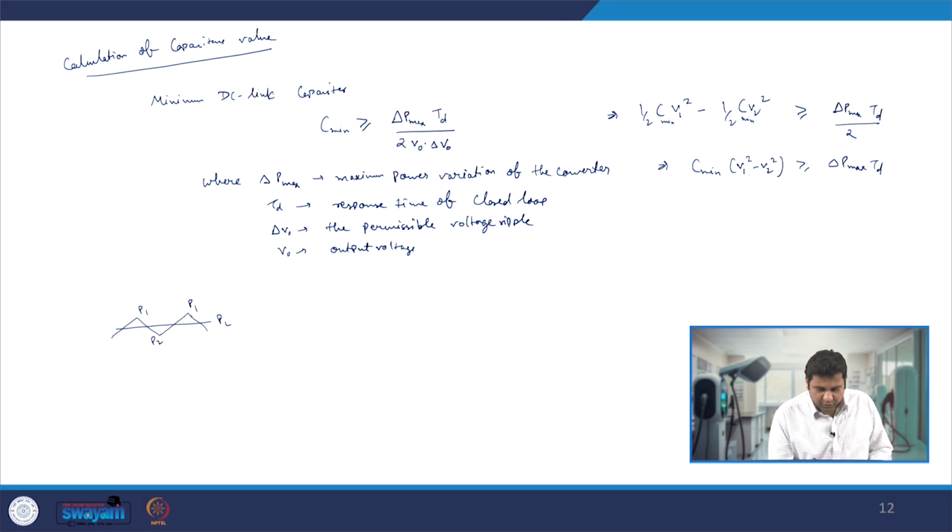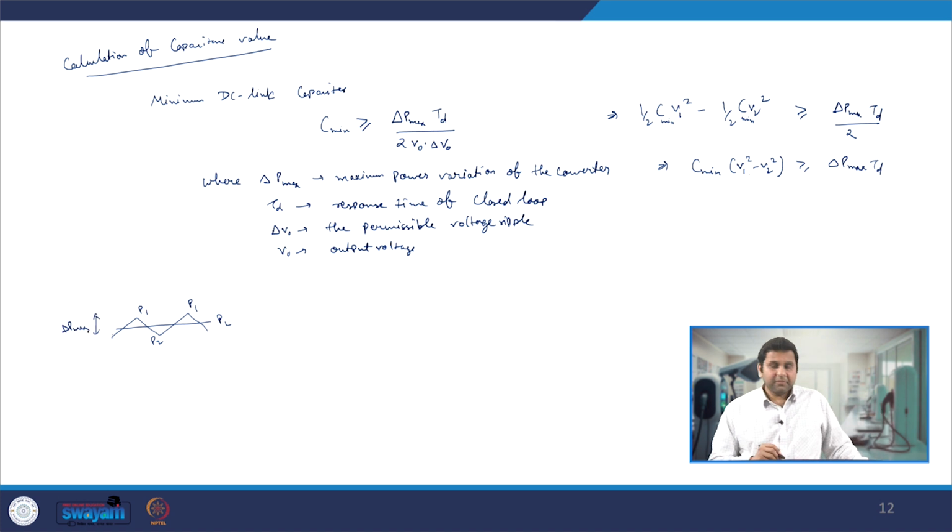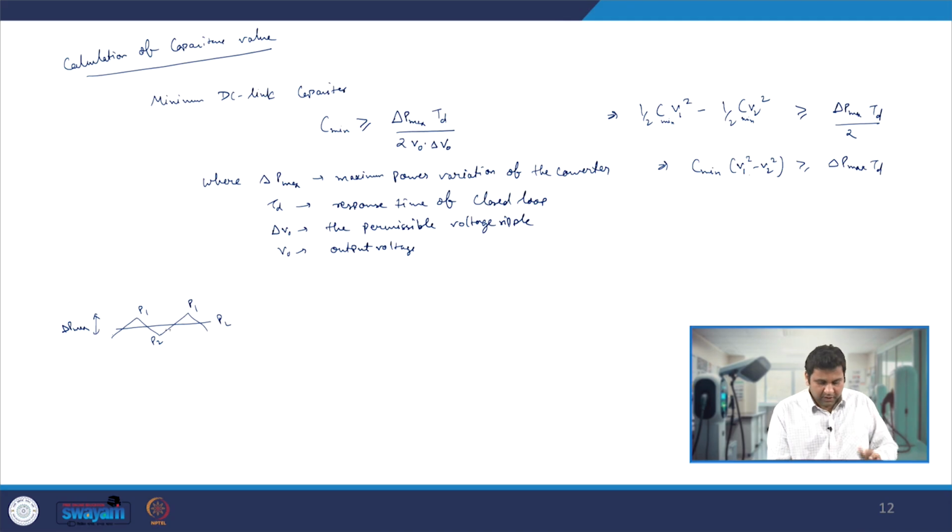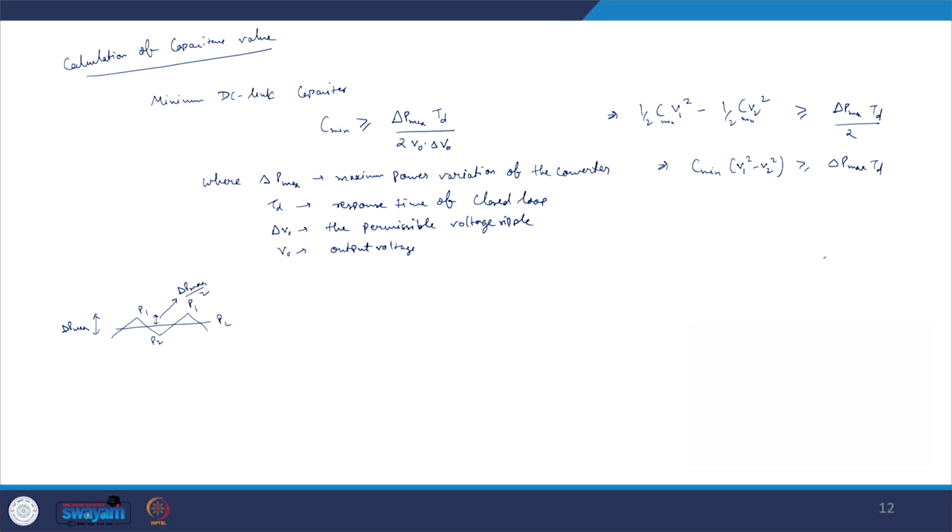This going from P1 to P2 is equal to delta P max, and when it goes to P1, which is away from the PL value, or more than the nominal power, it comes back. So from P1 to PL is nothing but delta P max by 2. That is why we have written delta P max by 2 here.